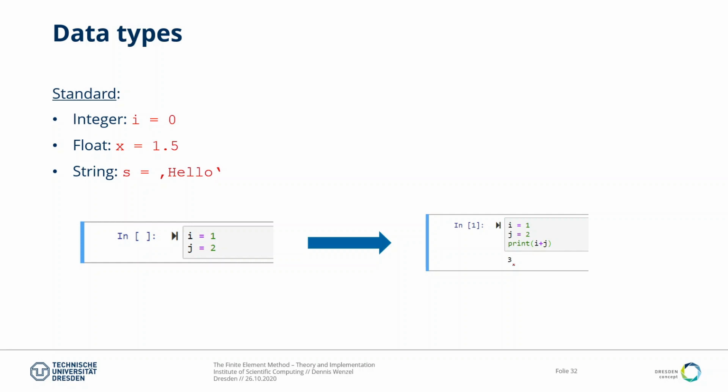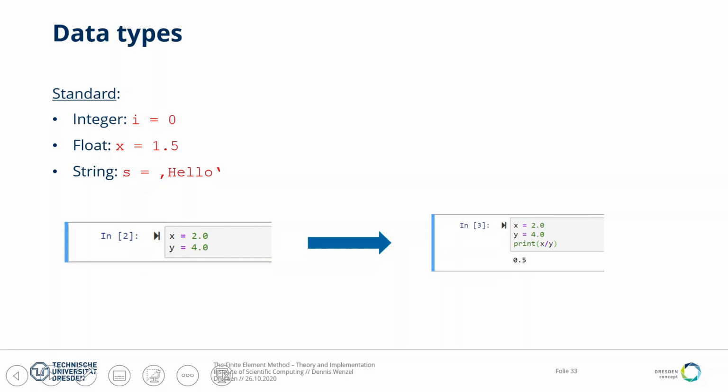By the way, what you see here, these are screenshots from Jupyter Notebook, so when you run Jupyter for the first time, you will recognize that this looks quite similar to what I have shown here. Of course, if I assign floating point numbers x equal 2.0, y equal 4.0, then I can also do other operations, and then because those two are floating point numbers, my result 0.5 is also a floating point number, so nothing surprising happening here.